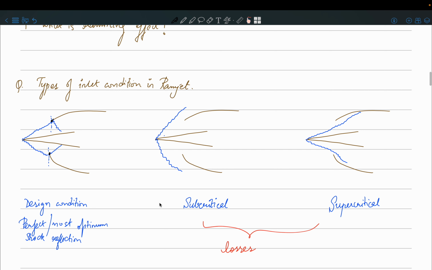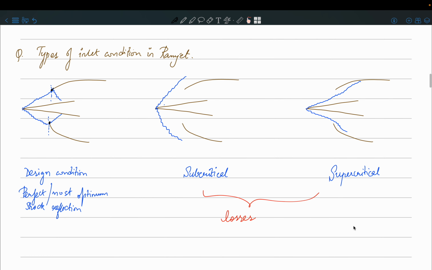But if you operate at different altitudes, there may be conditions where the oblique shock does not touch the lip of the inlet, and this is called the subcritical inlet condition. Whereas in another condition, the oblique shock may end up reflecting much more inside; it does not touch the lip, but goes much more inside of your design, and this is called the supercritical operation condition.